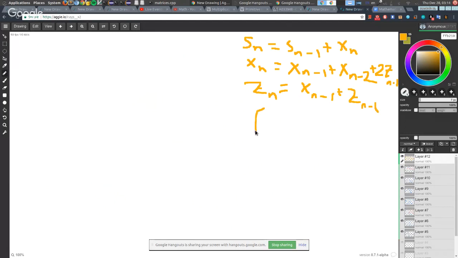And we have our original f(n) is equal to... actually, we don't need that anymore now.